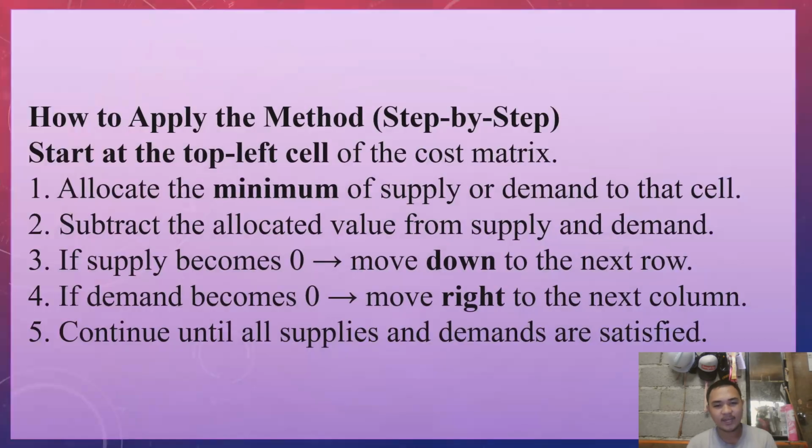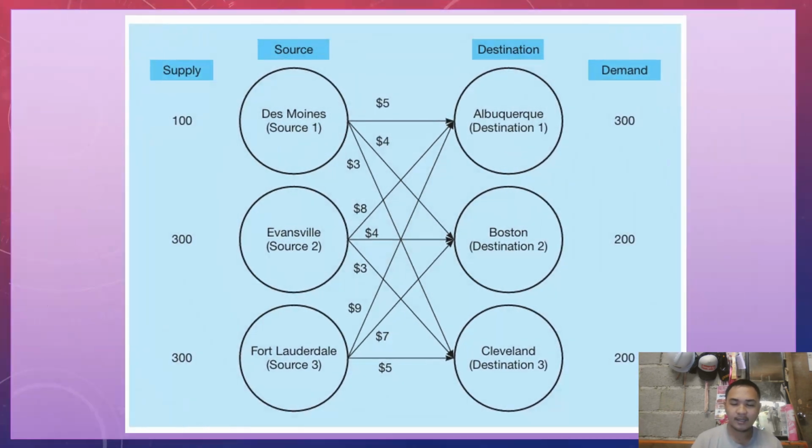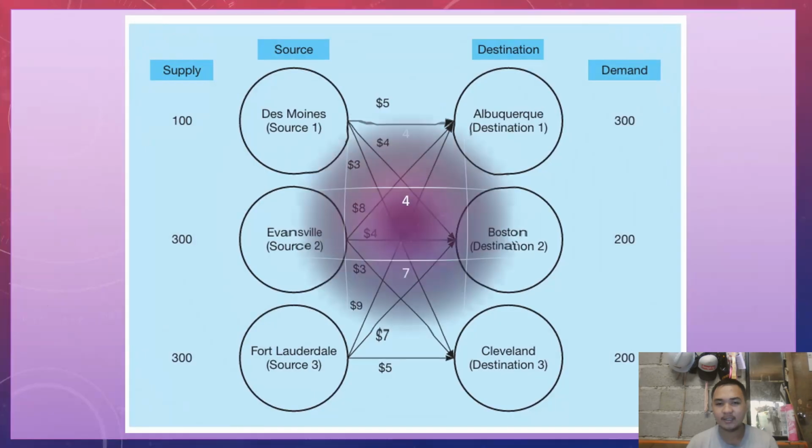Subtract the allocated value from supply and demand. If supply becomes zero, move down to the next row. If demand becomes zero, move right to the next column. Continue until all supplies and demands are satisfied. The diagram I gave you earlier will look like this if you use the Northwest Corner method.